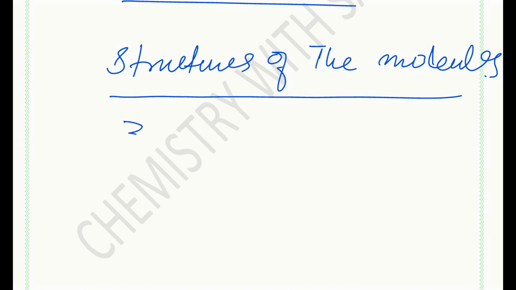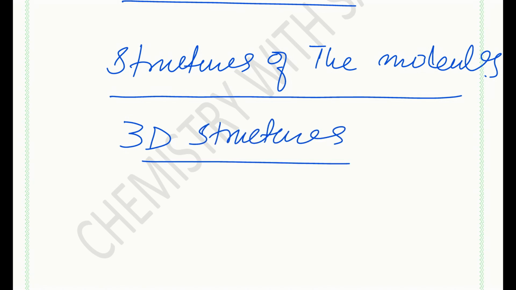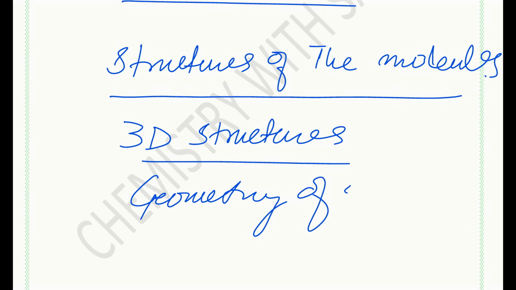We are looking for 3D structures, right? These 3D structures play a very important role in understanding the geometry. We call it the geometry of molecules. So what are we studying? We are studying the geometry of molecules actually.